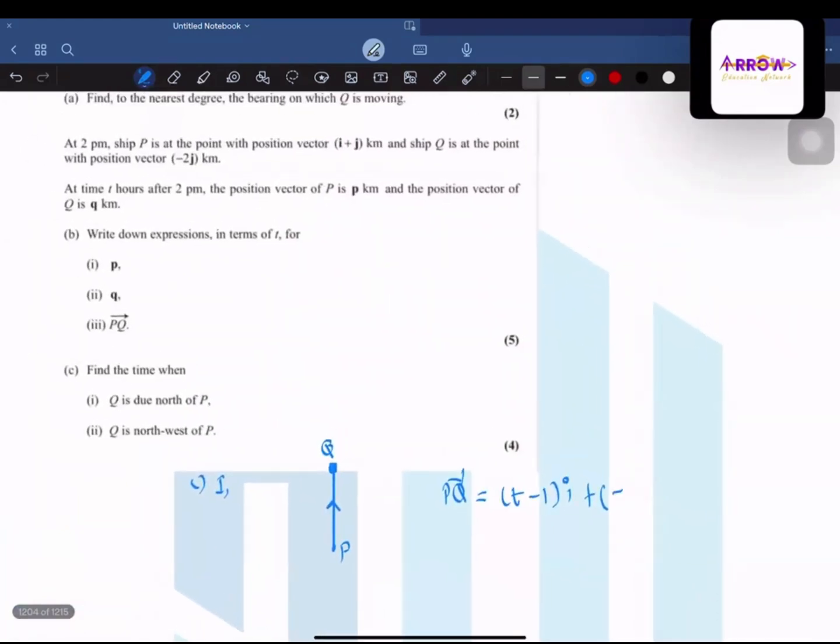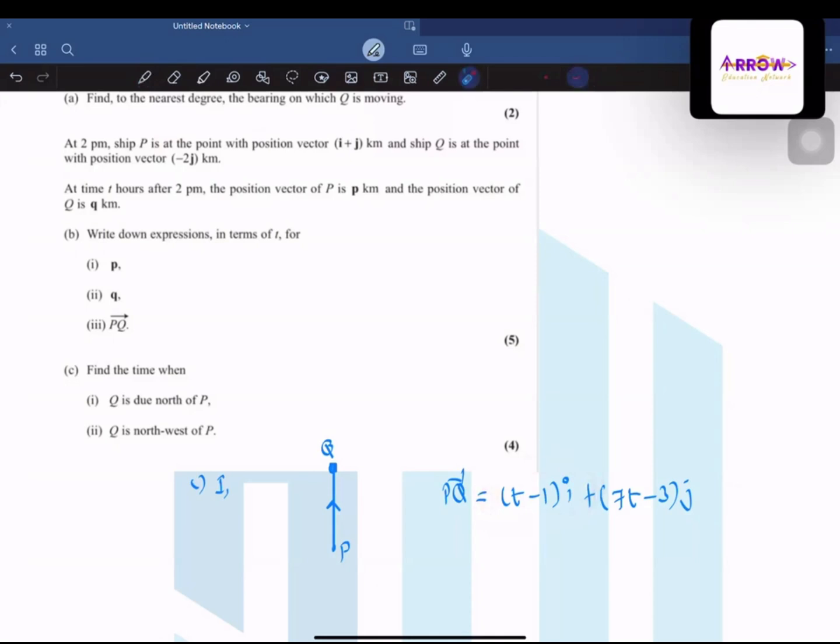As we can see, ship Q is due north of ship P, so ship Q is vertically upwards from point P. This essentially means that the I component of this PQ vector will be 0.